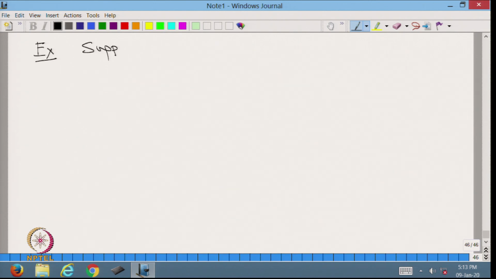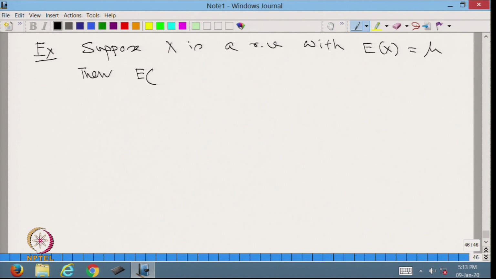Suppose x is a random variable with expected value of x equal to mu, then expected value of c times x, where c is a constant, is c times expected value of x.